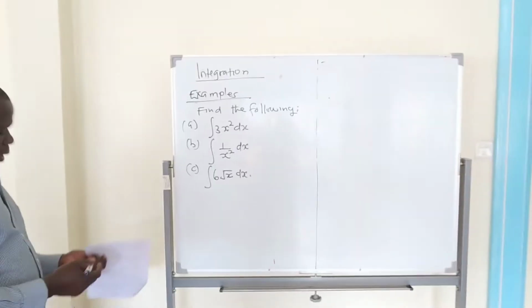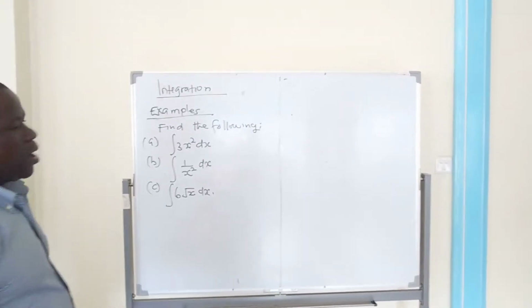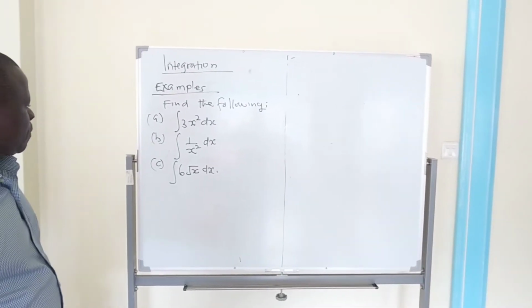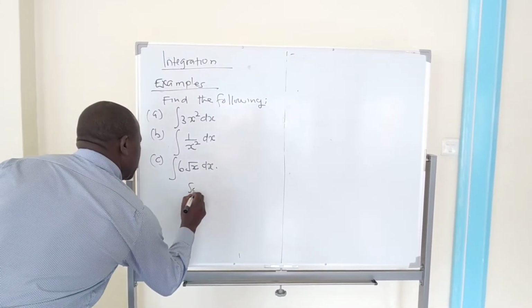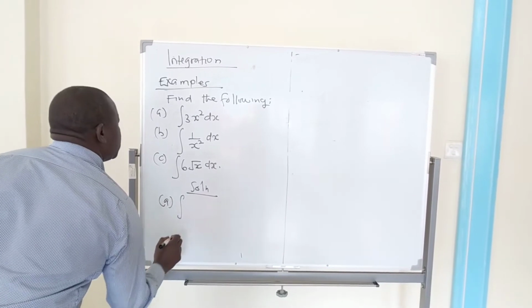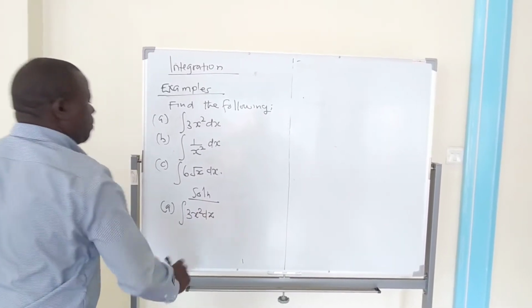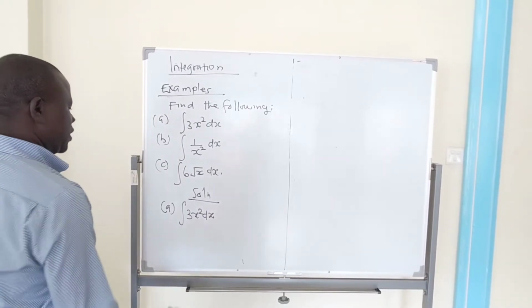Now, let's look at these 3 examples and see how we can apply our rules of integration, the results. So if I look at the solution here, part A, I'm supposed to integrate 3x squared dx. Can we apply our results? What does the result say?